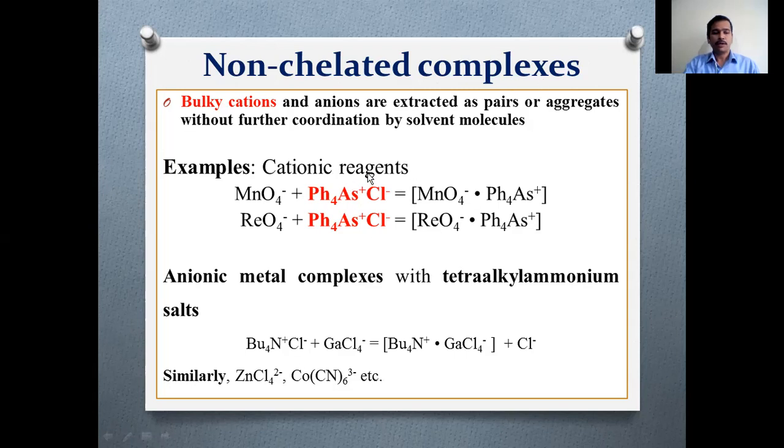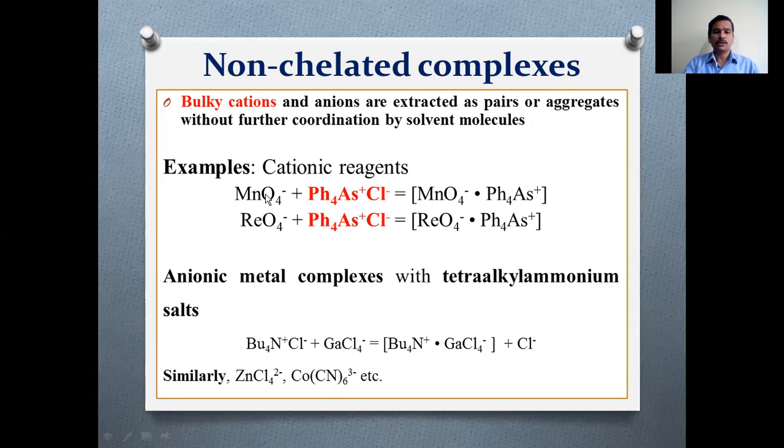As I presented in my previous slide, tetraphenyl arsonium chloride can be treated with permanganate, similarly perrhenate. So the ion association complex of tetraphenyl arsonium permanganate or tetraphenyl arsonium perrhenate is going to be the ion pair. I have mentioned in red color, this is the reagent and this is going to be the analyte.